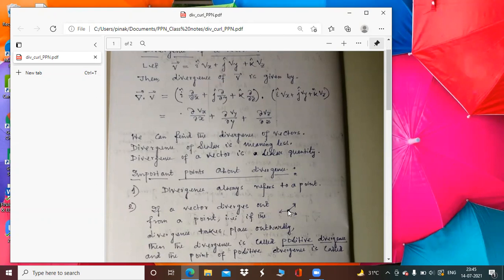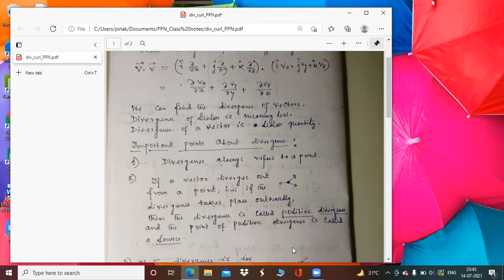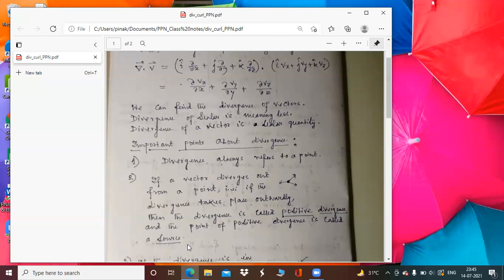Suppose this is the point of divergence, and you can see some vectors are coming out of the point of divergence. That is, if the divergence takes place outwardly, that means vectors are coming out, then the divergence is called positive divergence. And the point of positive divergence is called a source.